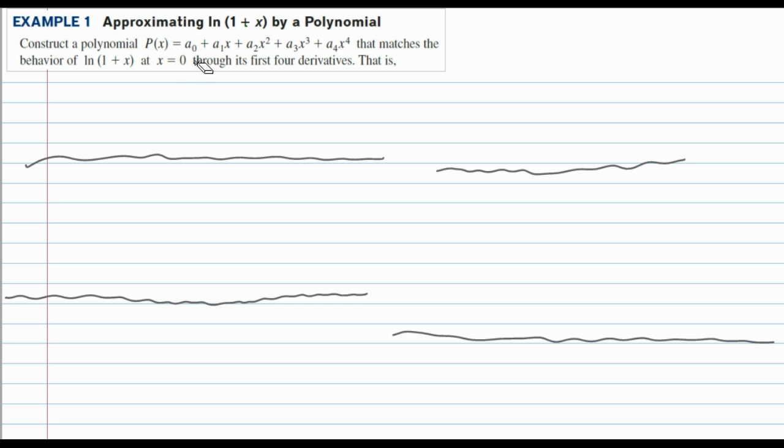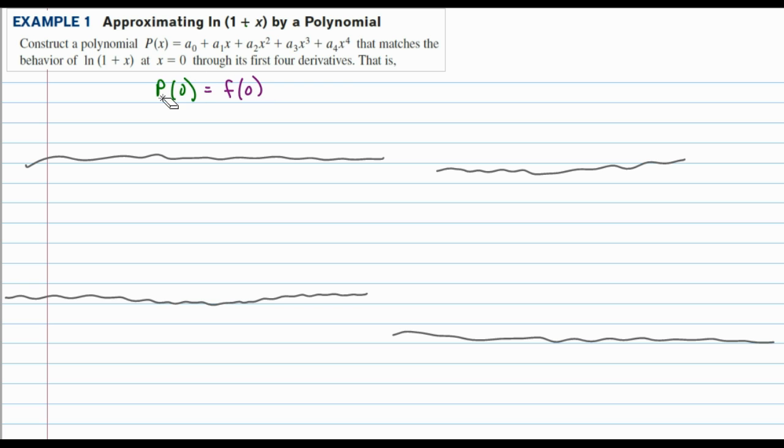Now, what that means is we're going to create a polynomial whose value at 0 equals the function's value at 0. Then the first derivative of the polynomial is going to equal the first derivative of the natural log function at 0, etc. So first step is setting p of 0 equal to f of 0.